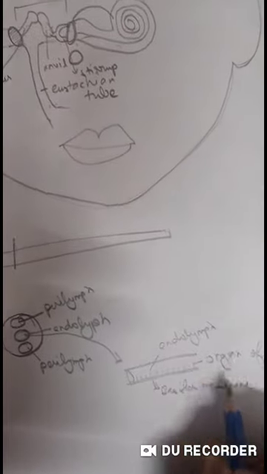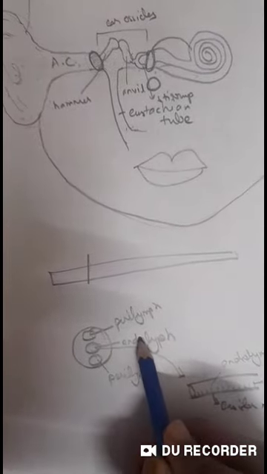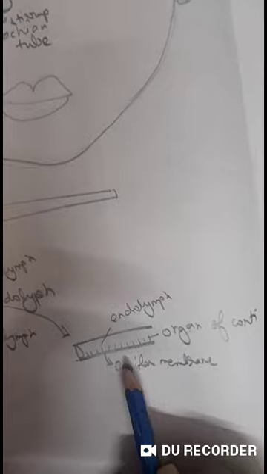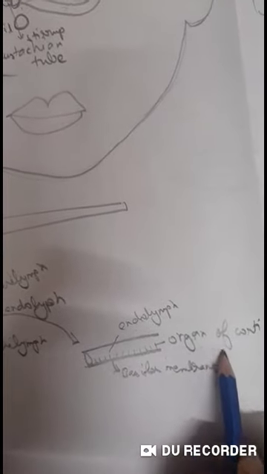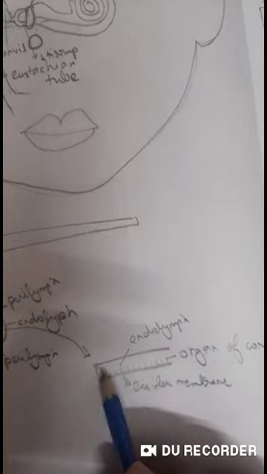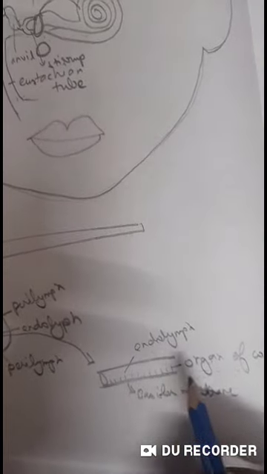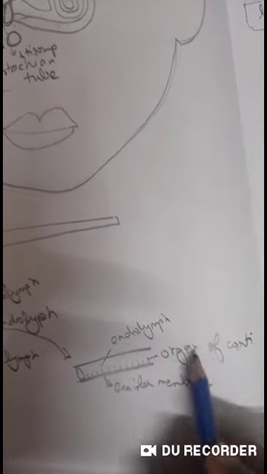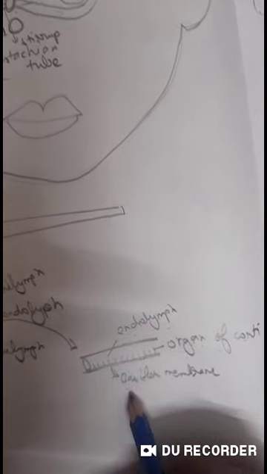So these three terms we must remember: in the cochlea there is a middle canal containing endolymph, and it contains sensory hair-like structures known as the organ of Corti, and the basilar membrane.